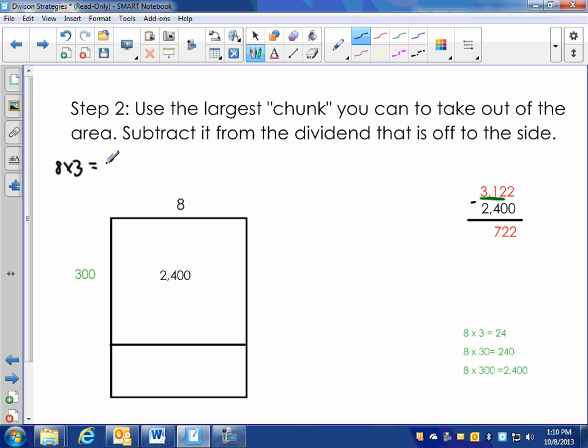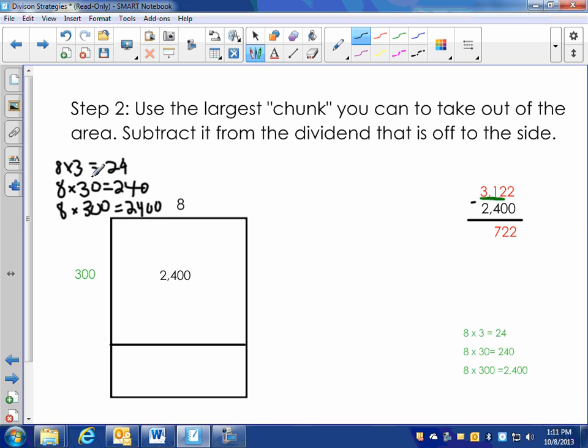So that means that 8 times 30 gives us 240. And that means 8 times 300 gives us 2,400.